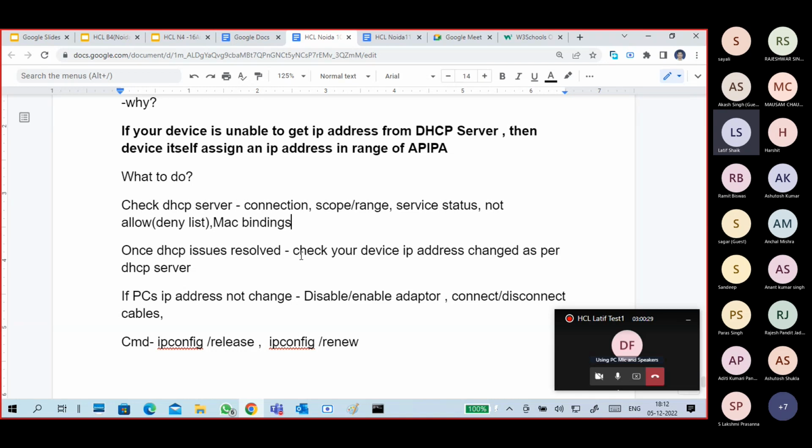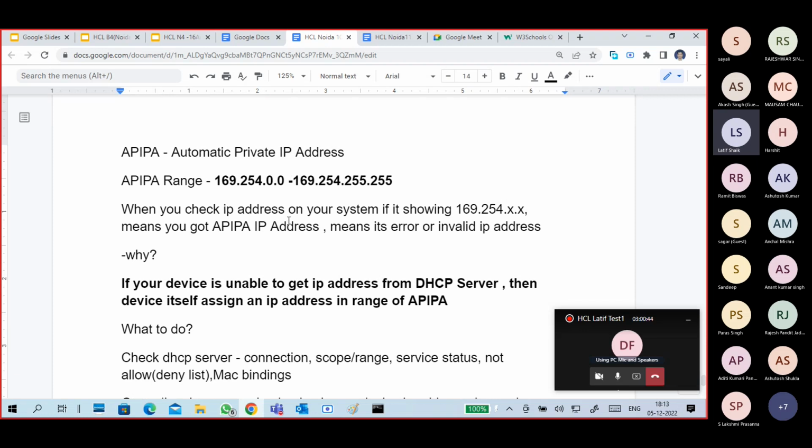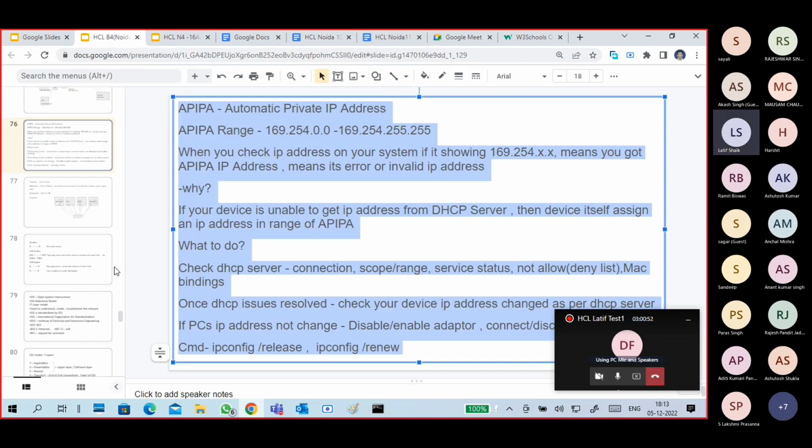Then come back to your PC and check whether you are getting a new IP address or not. Otherwise, disable your adapter, enable your adapter, or you can use the command ipconfig /release. So remember APIPA and its range. When you see this kind of address, it is an automatic private IP address.